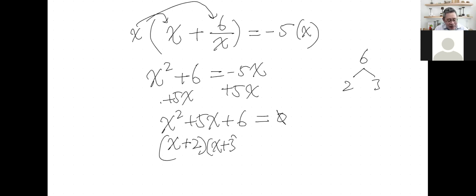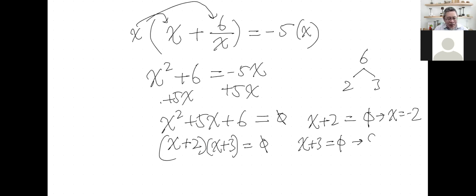Now, if that's the case, then we got two possibilities. One is x plus 2 equal to 0, and that gives us x equal negative 2. The other one is x plus 3 equal to 0, and that gives us x equal negative 3. So we got two solutions. And are we okay here for the factorization?